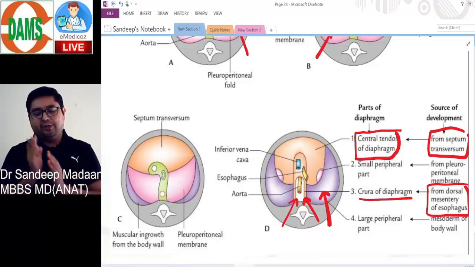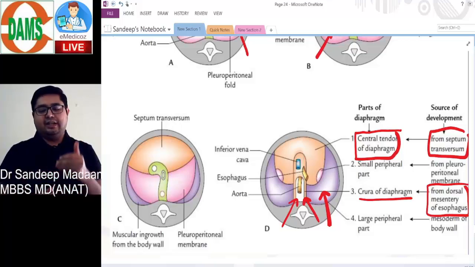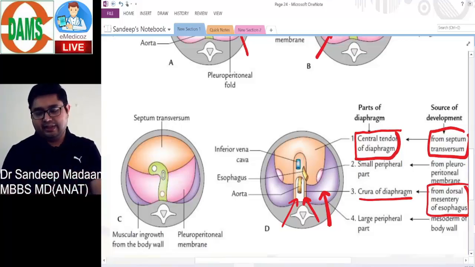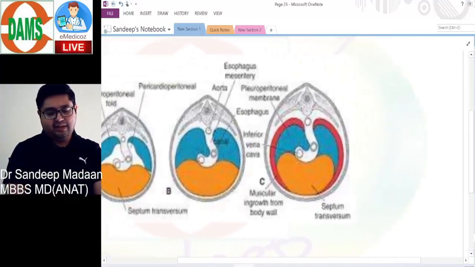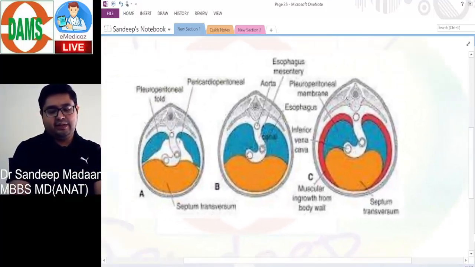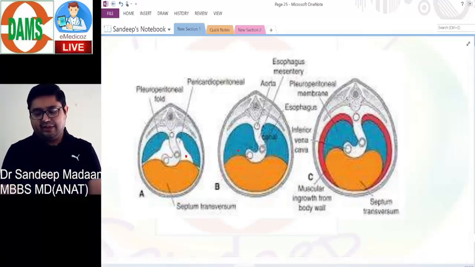But this pleuroperitoneal membrane, the small part contribution, sometimes it remains defective. So this is where congenital diaphragmatic hernia develops. Is that clear? Just to summarize, first there was a gap, then the gap was sealed, there's no gap, and then the muscles started coming from outside, right?